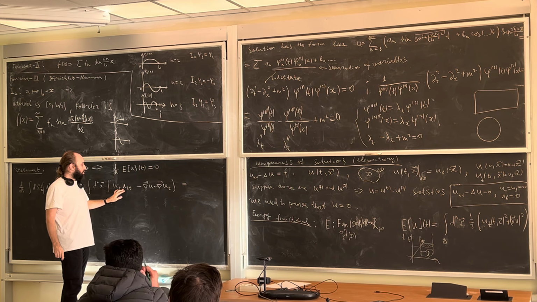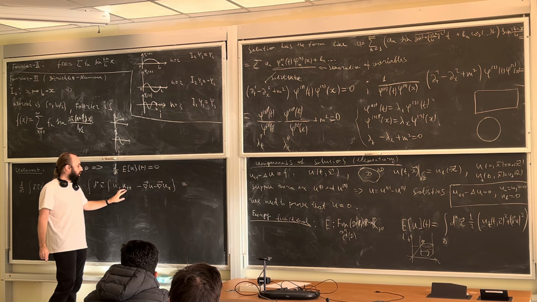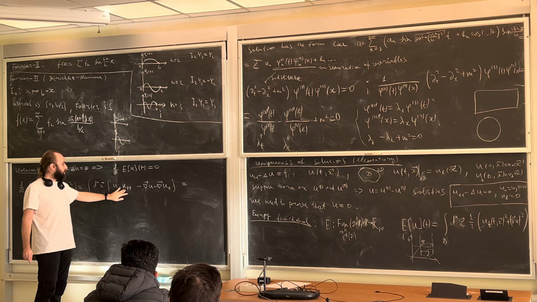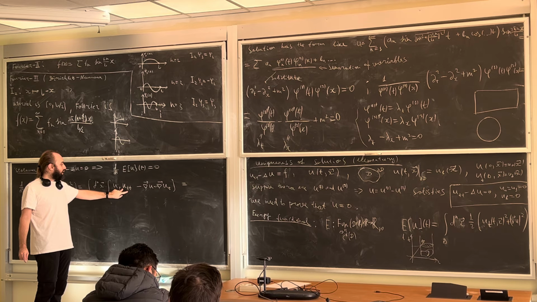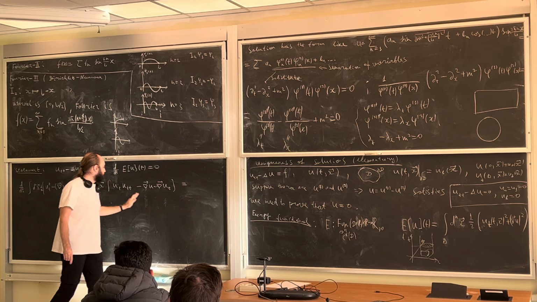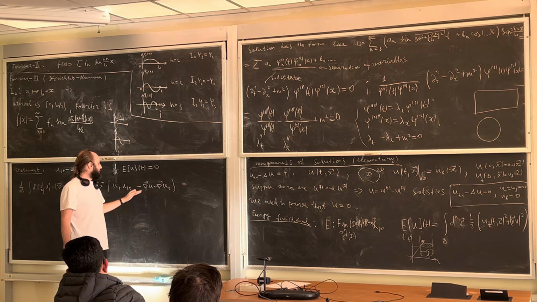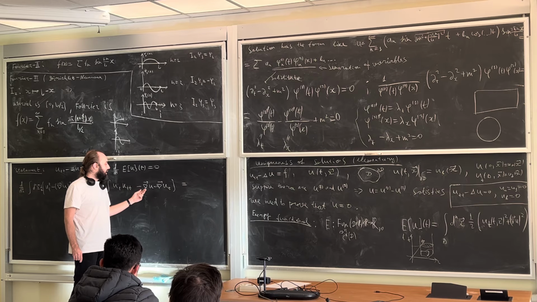So we see that in this term we could replace u_tt with a Laplacian of u because it satisfies the equation. But we then need to cancel this Laplacian with something. And this can come only from this term.